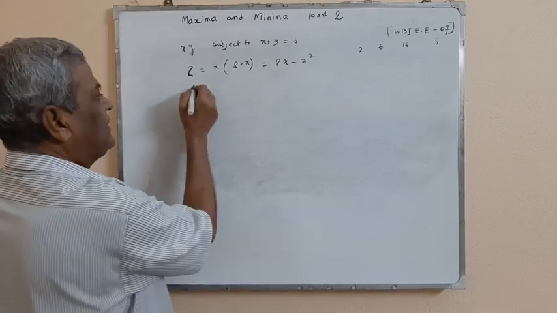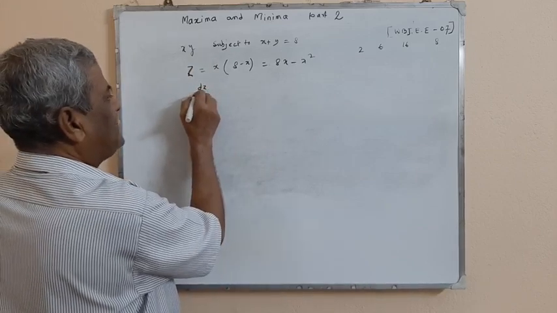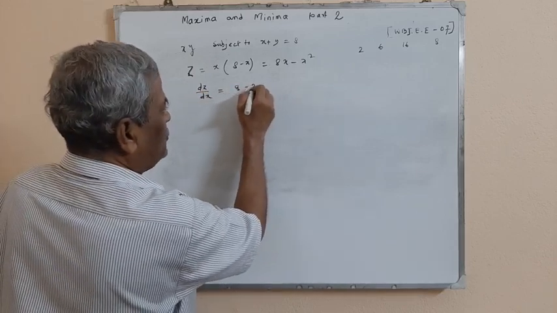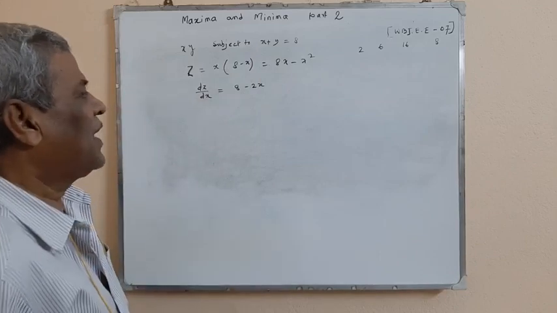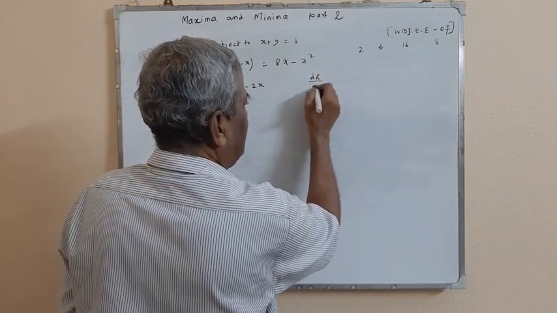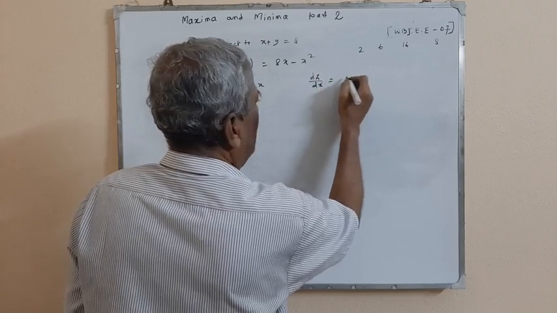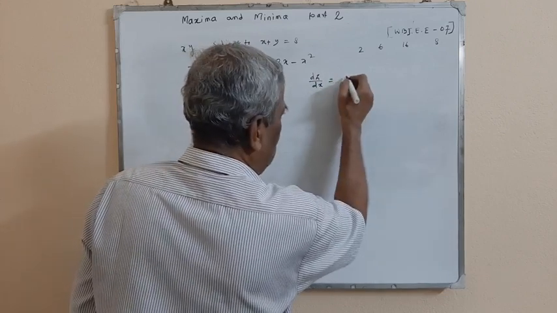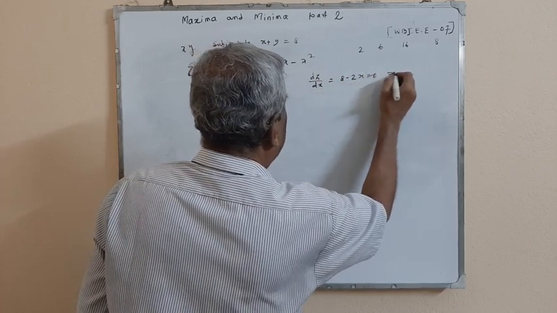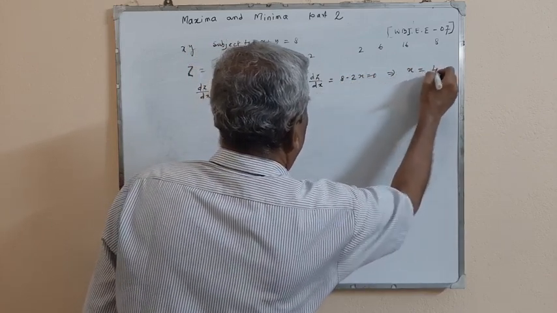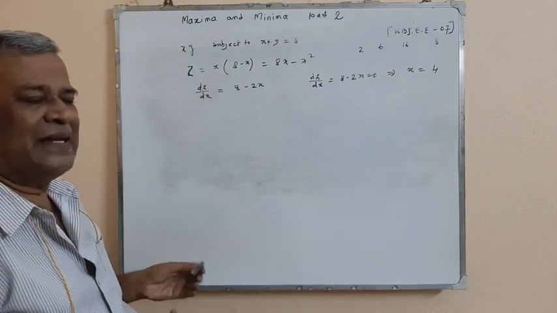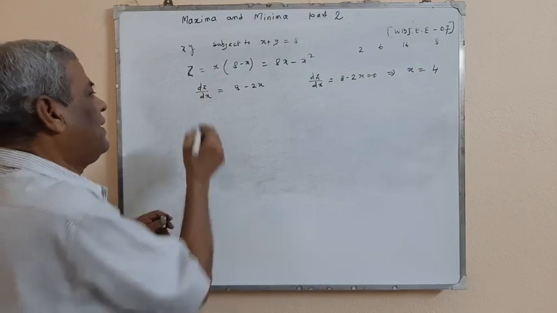For that purpose, dz dx is equal to 8 minus 2x. For maximum or minimum, dz dx is equal to 0, means 8 minus 2x is equal to 0 gives x is equal to 4. So at x is equal to 4, the function is either maximum or minimum.